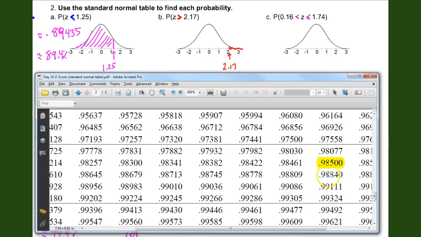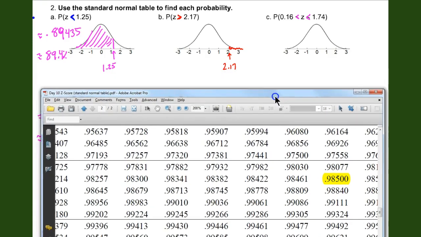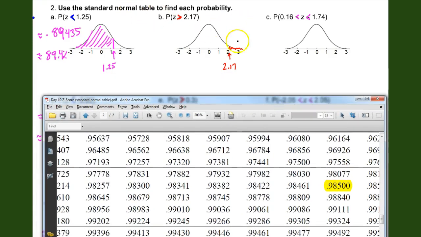There we go. So we have 0.98500. But obviously this does not look like 98.5%, because this table again only gives us the values to the left. So this 0.985 or 98.5% is all of this.